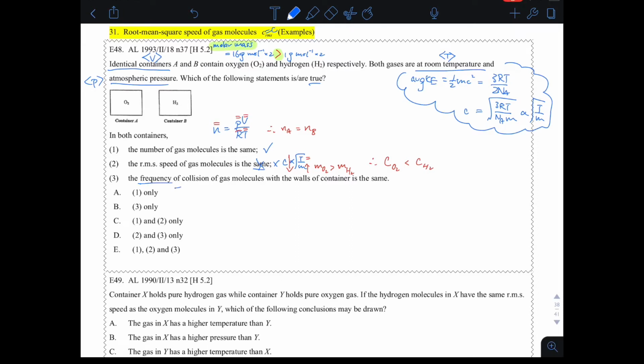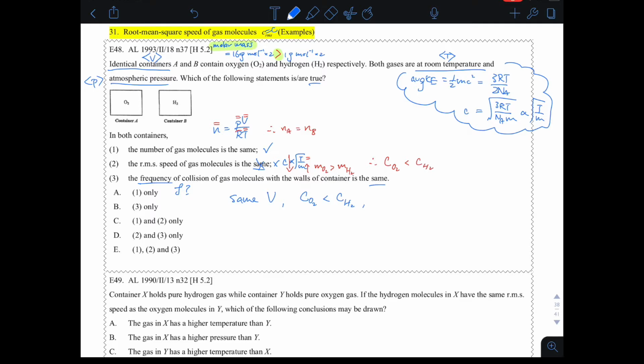And lastly, for statement 3, we talk about the frequency of collision. Are they the same? Then we have to talk about the microscopic view of that. We have the same volume for both containers, right? And just now we deduced that the C_RMS for oxygen is smaller than the C_RMS for hydrogen. That means oxygen molecules are moving slower, okay?